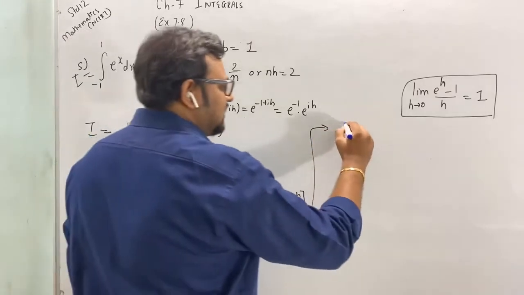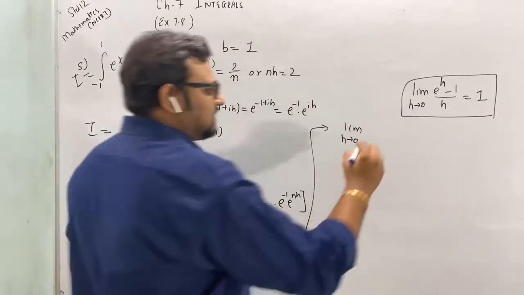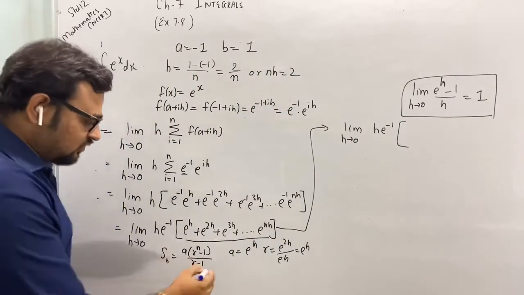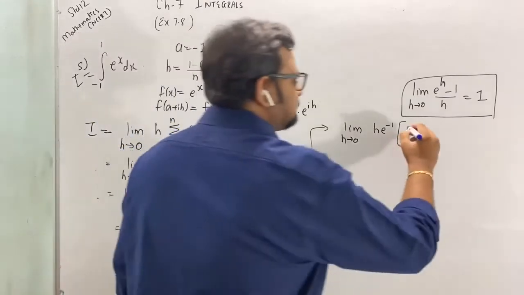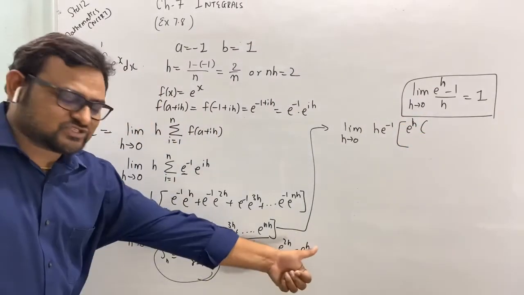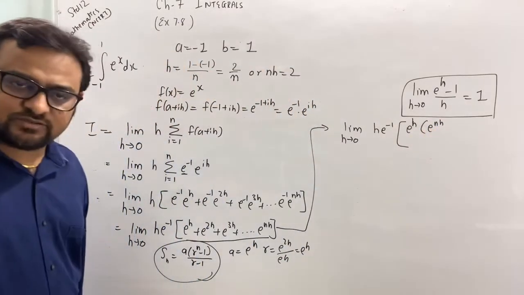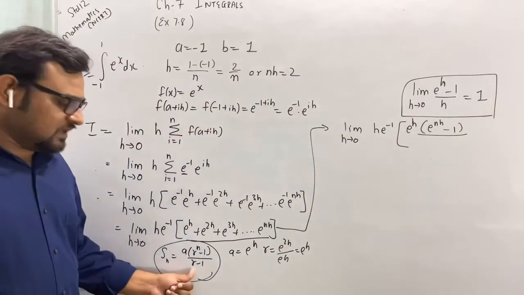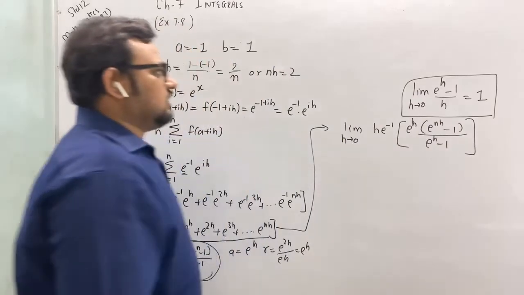So now I can write it down: limit h tends to 0, h into e raised to minus 1. Now we will use this formula. Clear? What is a? e raised to h. What is r? e raised to h, so r raised to n is e raised to nh, minus 1, upon r minus 1, that is e raised to h minus 1.